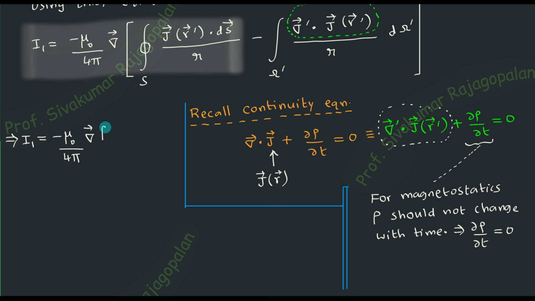Then you have the closed integral, it's a surface integral, and J is a function of r prime, dot dS is also a primed variable, divided by script r. This is the one which is coming from the Gauss divergence theorem.